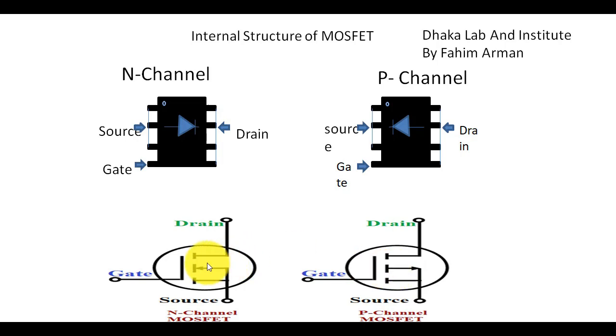For N channel MOSFET, the arrow mark is inside, and for P channel, the arrow mark is outside. This is the way you have to understand when you go for a schematic diagram. Here this symbol is used.